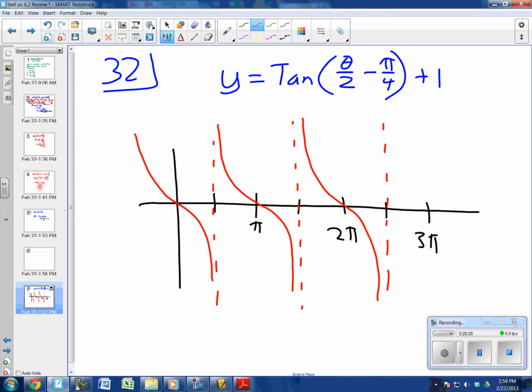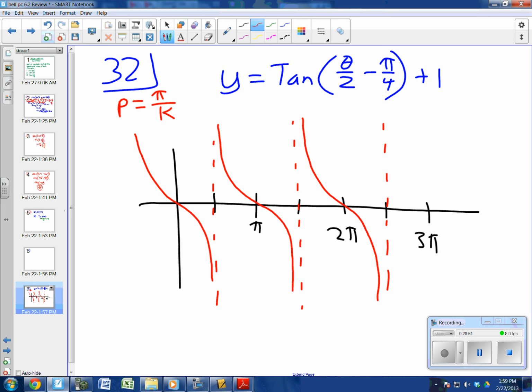Now, what's happened right here is, the normal tangent period is pi, right? And remember that formula, period equals pi over k, because it's 2 pi with sine and cosine functions, but the tangent is pi over k.